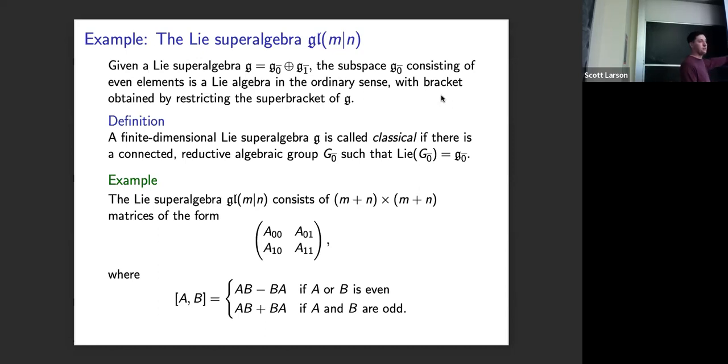I don't know if it's actually right to call this block form, but you want to think of the four quadrants separately. And the bracket is given as follows. If A or B is even, then it's the usual commutator. If A and B are both odd, then you actually have to add: AB plus BA.